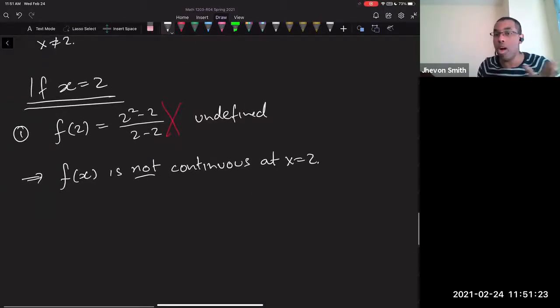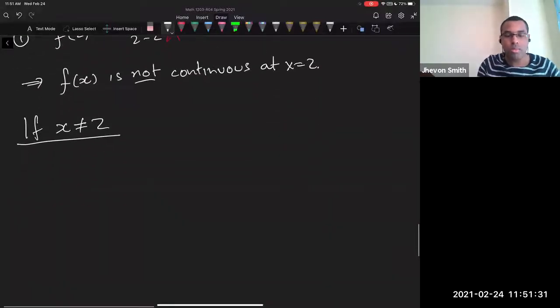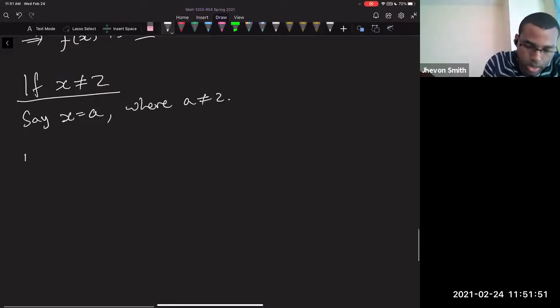Okay, what if I'm at some other point? So suppose x is not equal to 2. Say x equals a, where a is not 2. Then I can go and I can check. 1, is f defined?